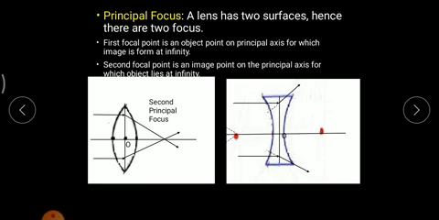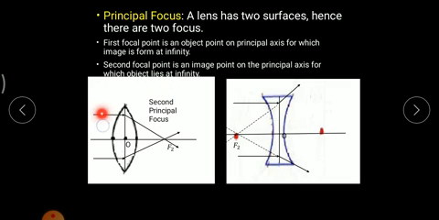Wait, hold on for a second. Yes. Why am I writing F2 over here, why not F1? Because always remember, the second focus point is an image point. Your image would be obtained. When will the image be obtained? Only when the object lies at infinity.